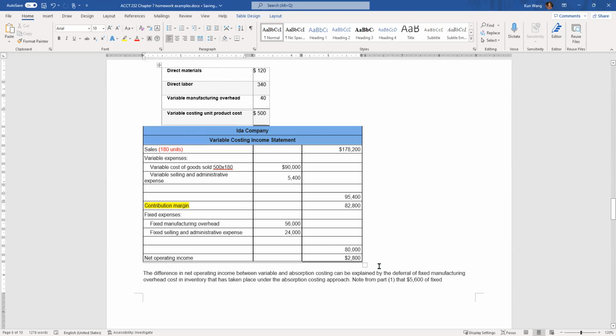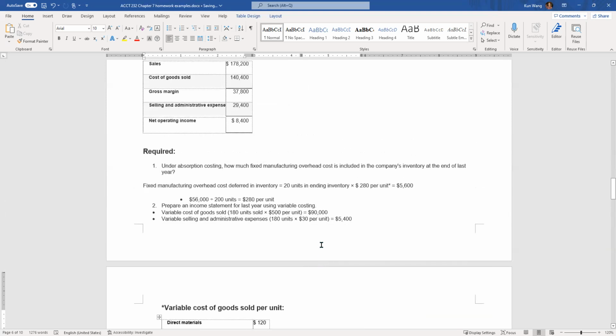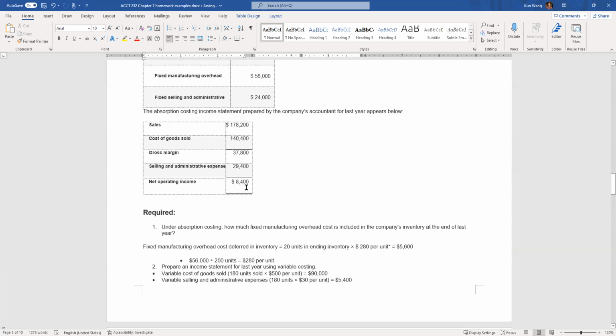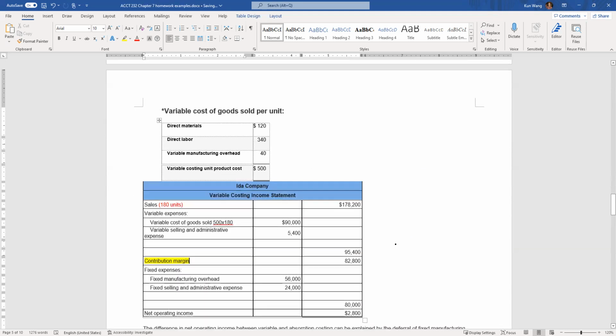So net operating income is 2,800 under the variable costing, which is different from the absorption costing. Absorption costing has a higher net income because of the 5,600 absorbed fixed manufacturing overhead.